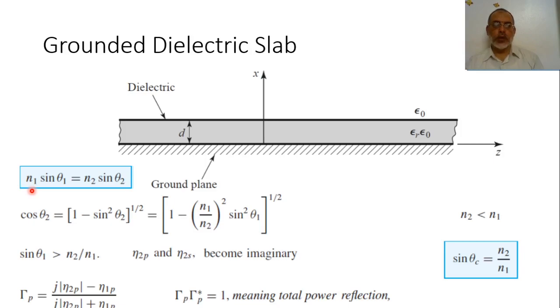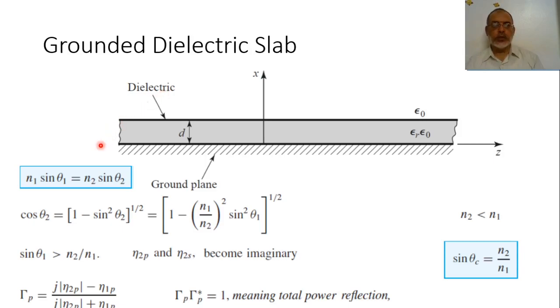So if medium 1 is the incident medium, square root epsilon r sine theta incident equals 1 times sine theta transmitted, assuming that the wave is coming from a medium of epsilon r to a medium of free space, epsilon naught.